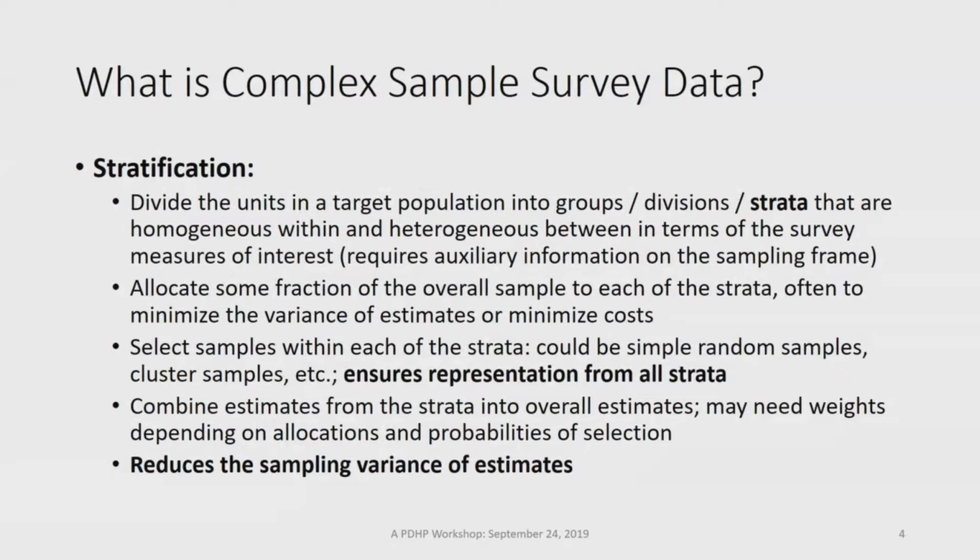Any questions? Okay. Is stratification typically just on one dimension, or could it be on like an intersection of two? So the question was, are strata generally formed based on one variable, or could they be formed based on cross classes of multiple variables? More often, they're formed on cross classes of multiple variables. So depending on what you have on your sampling frame, you could have geographic areas, you could have sociodemographic groups, you could have economic divisions.